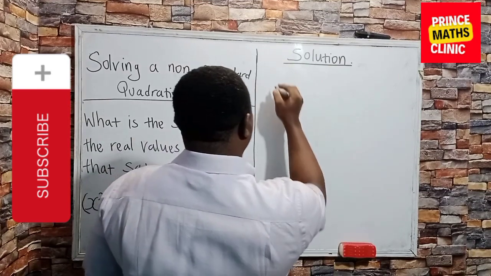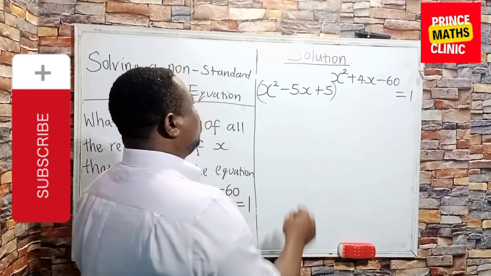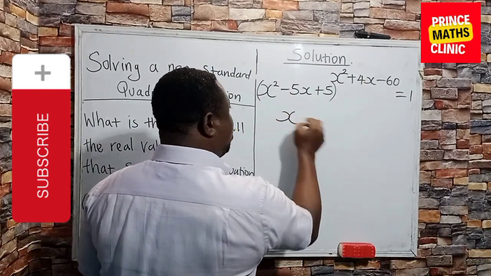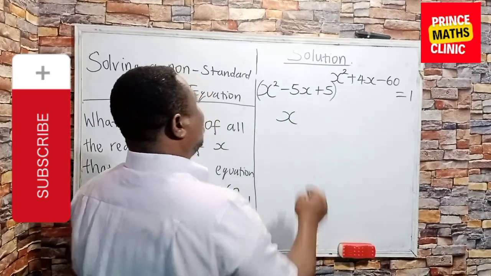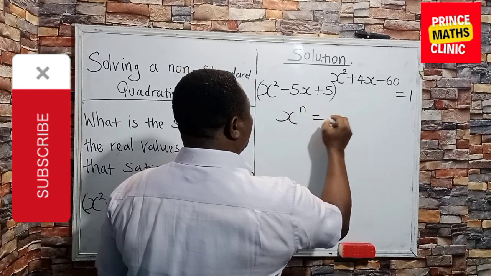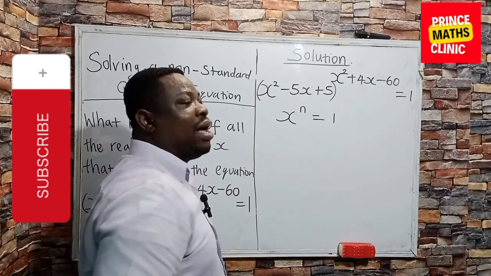So let's write the question. For this to be possible, let us say everything here, let's call it x. Although we are not replacing, I just want to show you using this: x to the power of n equal to 1, where x is the base and n is the power.